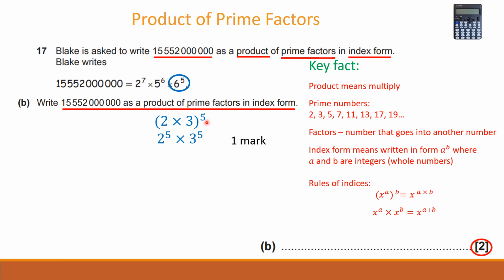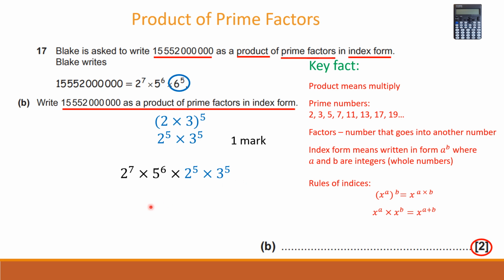So you just need to put the power of 5 inside the brackets. From here, I can write out the whole answer, replacing the 6 to the power of 5 with 2 to the power of 5 and 3 to the power of 5. So the whole expression is 2 to the power of 7 times 5 to the power of 6 times 2 to the power of 5 times 3 to the power of 5.